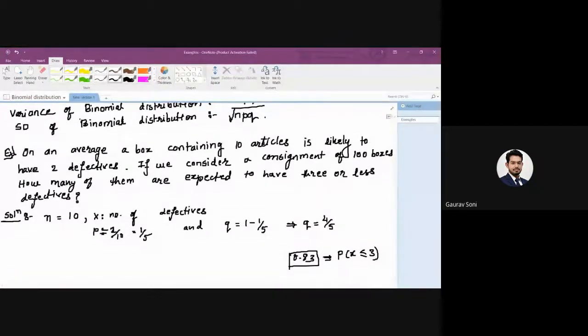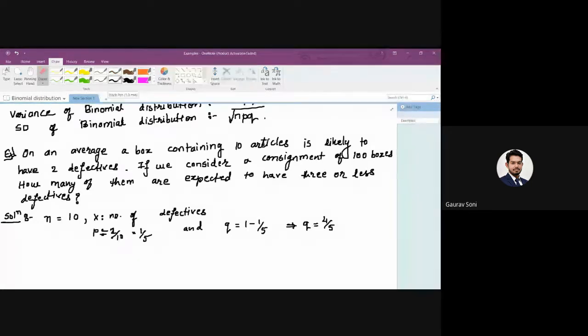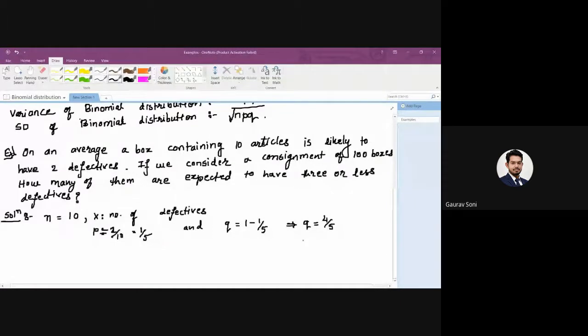So we are going to simply multiply by 100. There can be many examples of this type where you calculate a certain probability for one particular unit, and then out of a large consignment we can give the number of boxes with the required probability of success.